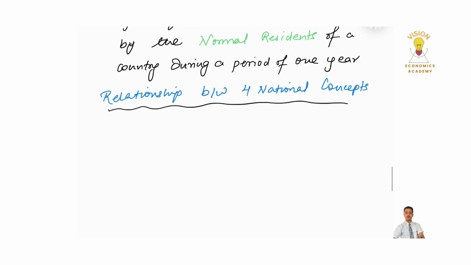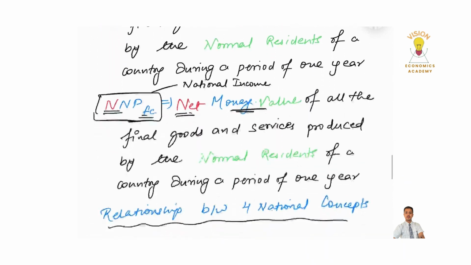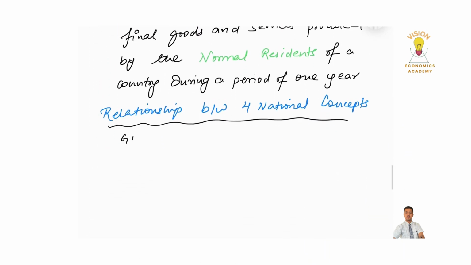Now let us look into the relationship between the four national concepts. Let us start from GNP MP. From GNP MP to GNP FC is nothing but minus net indirect taxes, that is indirect tax minus subsidy.